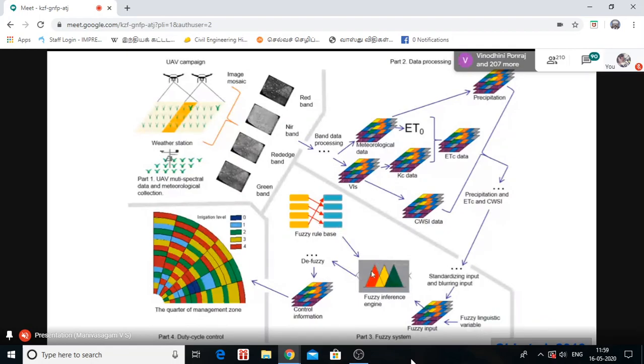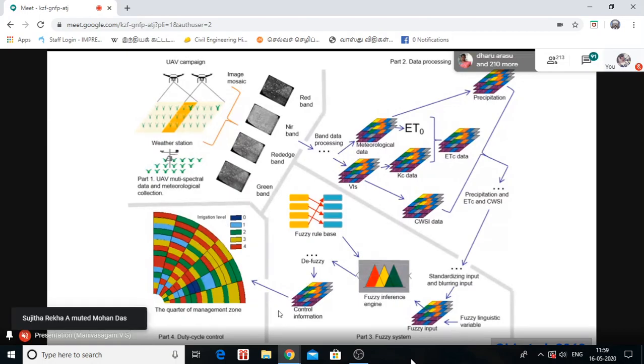So these rules will go into the control system in the irrigation unit, and it is applied to the field. Since here it is a pivot system, the field is divided into zones. So depending on the information we derived here, we can irrigate each zone, whether it is a stressed one or a normal one, whether it has enough water or not.